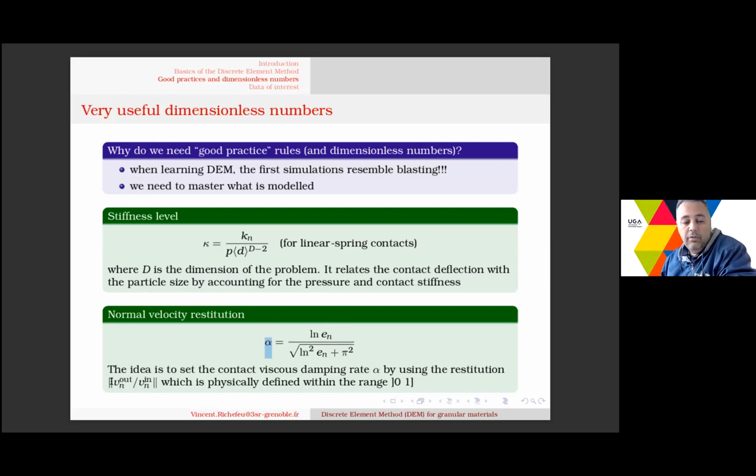So the reflected velocity compared to the input velocity defines something that has a physical sense. Okay, so there exists a relation between these two variables that can be used.